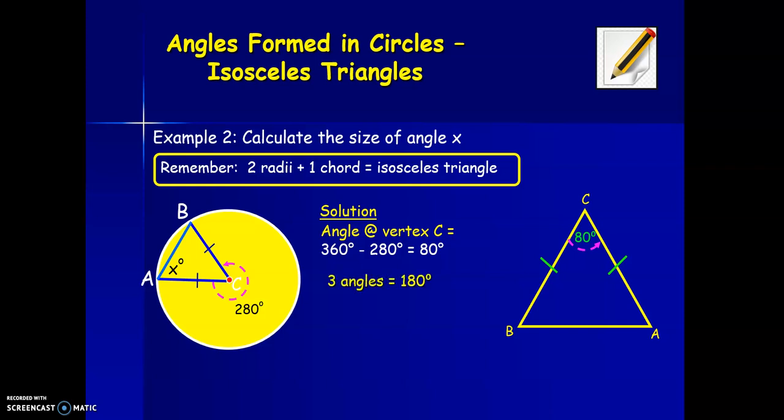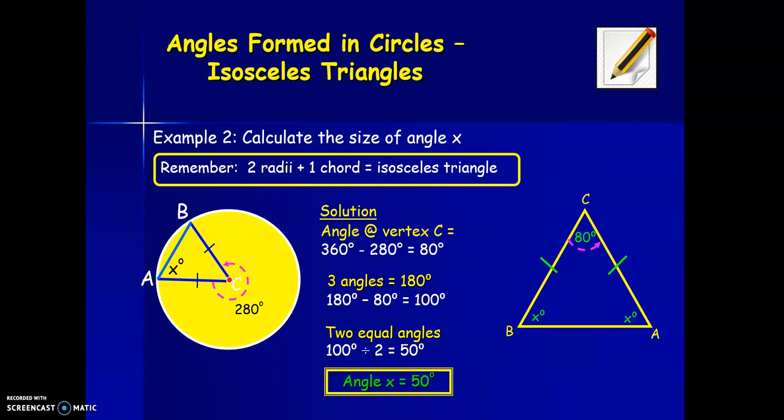So remembering that 3 angles in a triangle add up to 180 degrees, if we take 80 away from 180, that leaves us with 100 degrees to share equally between vertex B and vertex A. So we divide 100 by 2, and that gives us 50 degrees at vertex A and vertex B. So angle X is equal to 50 degrees.